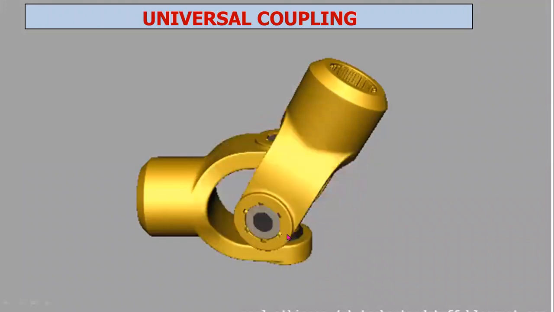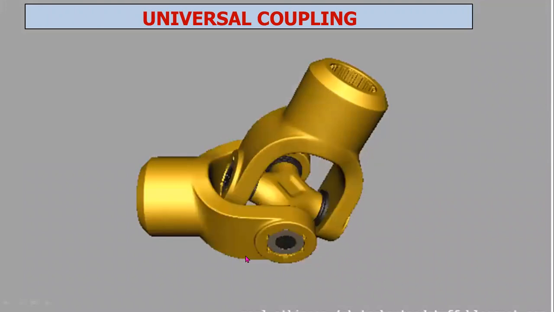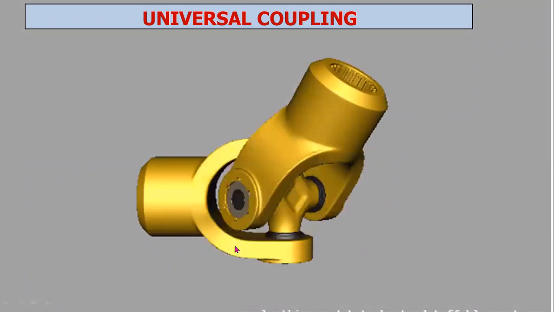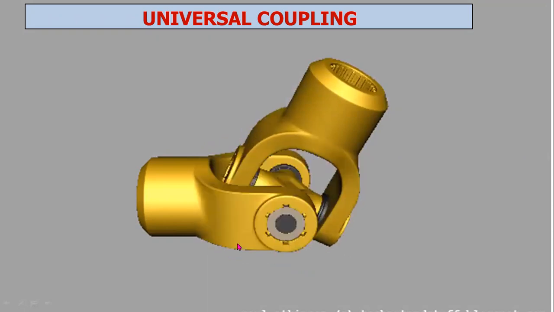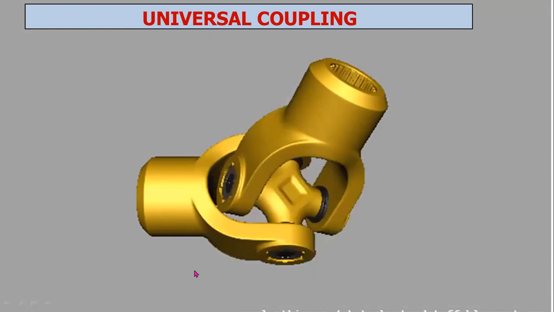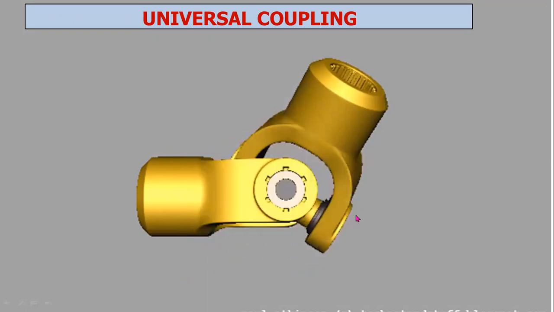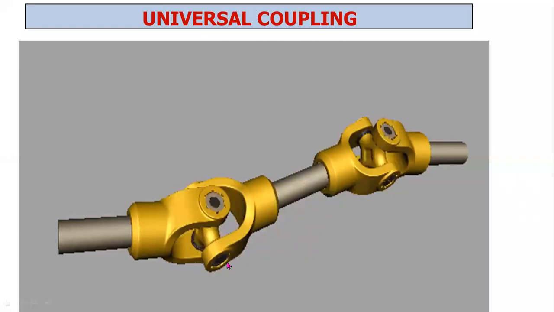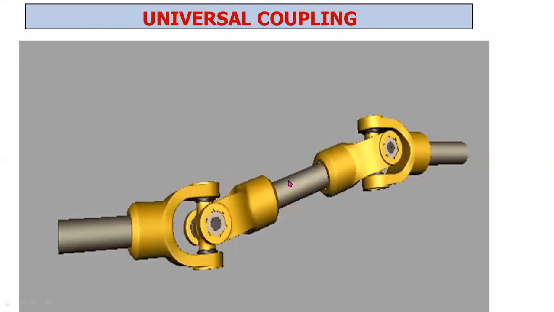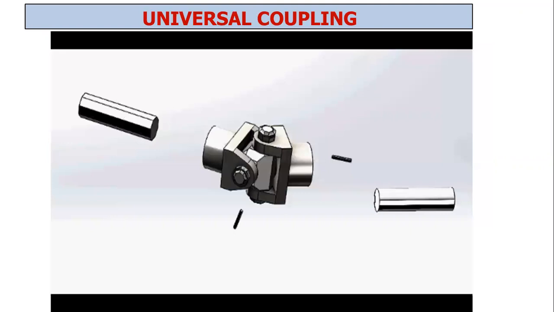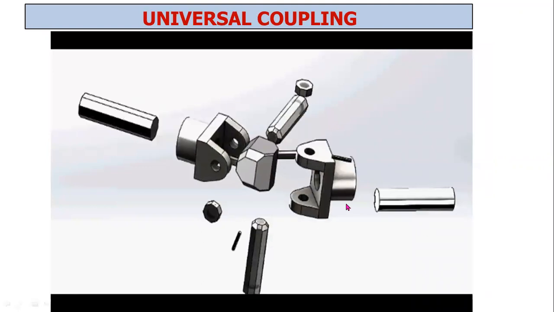Now this is the example for universal coupling. Universal coupling or Hooke's joint. Hooke's joint or universal coupling is also used to provide for angular misalignment. Now this is the assembled view of a universal coupling.